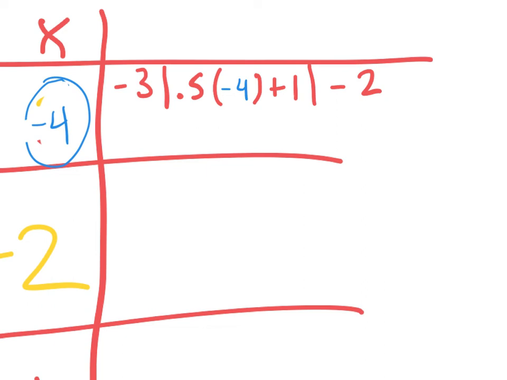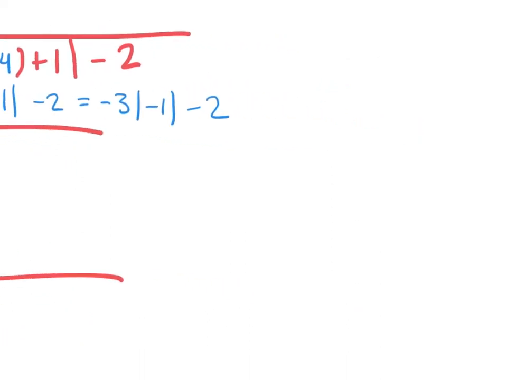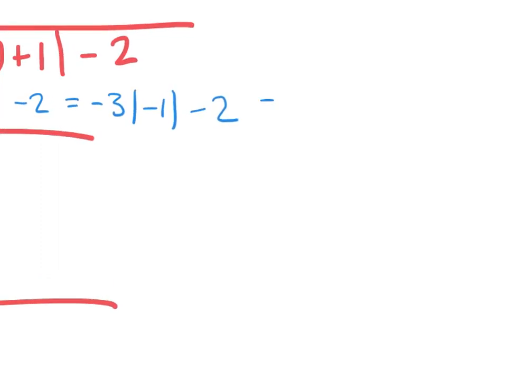What is 0.5 times -4? -2. So now we have -2 plus 1, which is what? -1. So we have -3 times the absolute value of -1 minus 2. What's the absolute value of -1? 1.